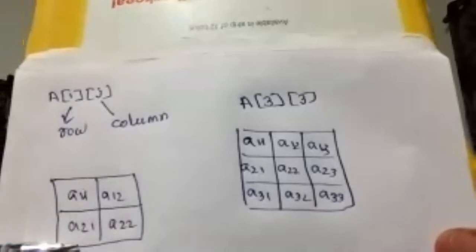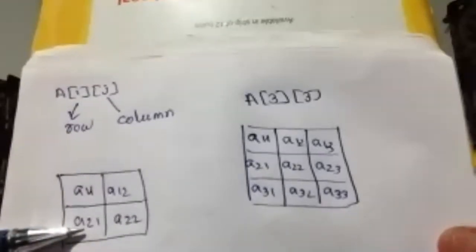First time I equal to 1 going for 2. In the second case, I becomes 2, ended by again 2. In this case, I starts from 1 and ends at 3.